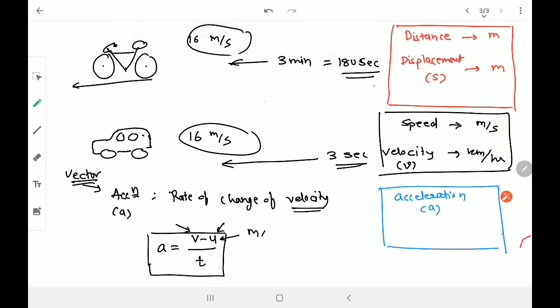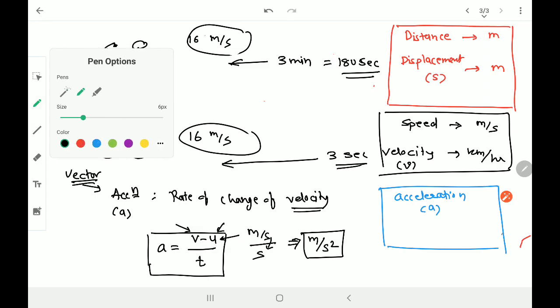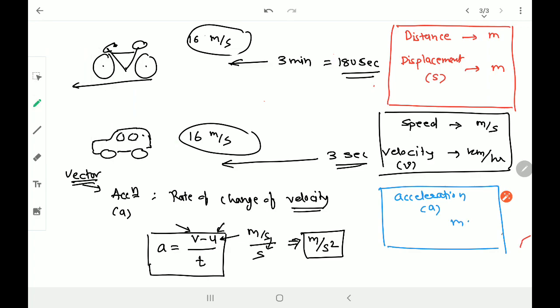It is nothing but meter per second divided by second. So the unit of acceleration is meter per second square. This s goes down and it becomes the square of seconds. So the unit of acceleration is meter per second square.